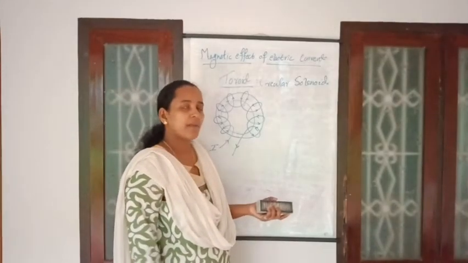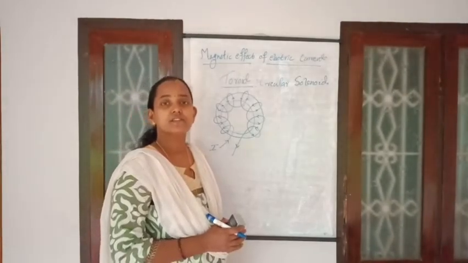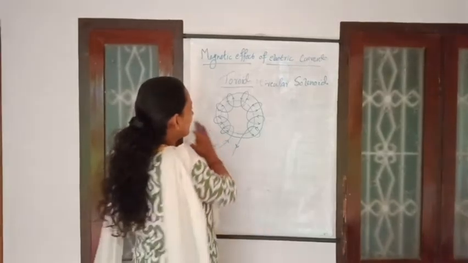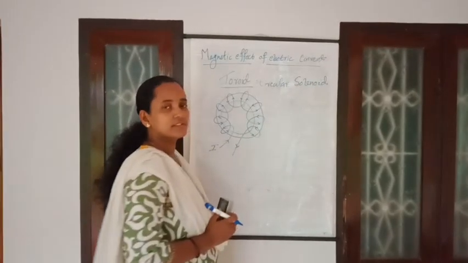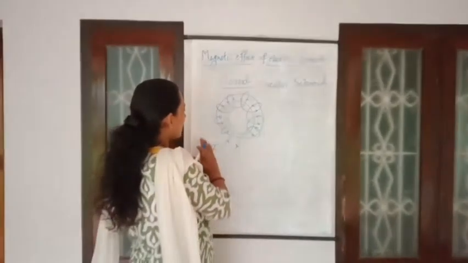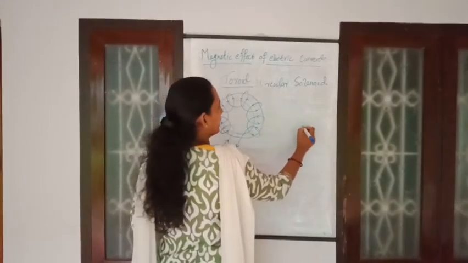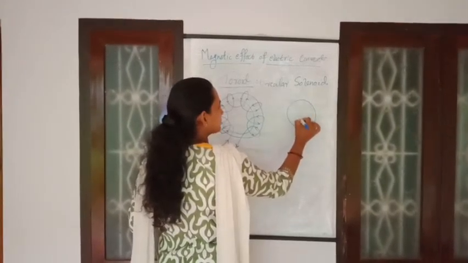And then just the same as our previous case, that means as in the case of the solenoid, here we can take the cross section of this toroid. Whenever we take the cross section of this toroid, the figure will come like this.